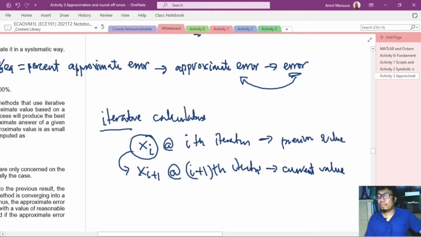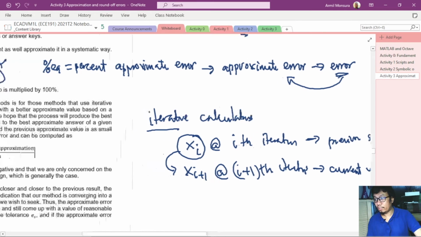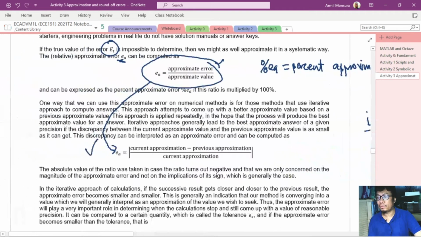Now, we can actually use the idea of approximate error in this case, by computing an approximate error of x in terms of this formula. That is the current approximation x_{i+1}, or the result of the iteration, minus the previous approximation, which is x_i, divided by the current approximation.